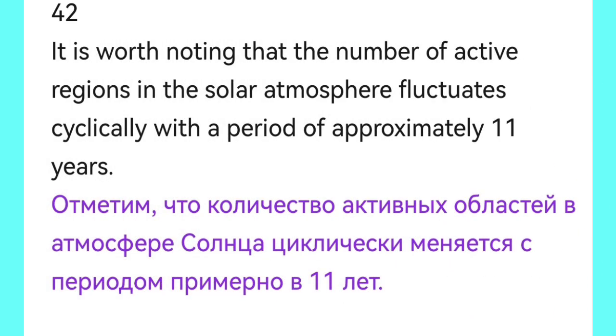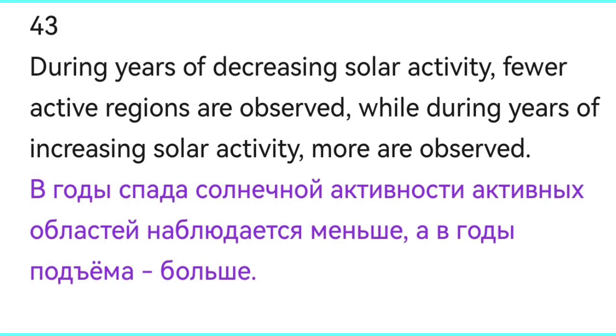It is worth noting that the number of active regions in the solar atmosphere fluctuates cyclically with a period of approximately 11 years. During years of decreasing solar activity, fewer active regions are observed, while during years of increasing solar activity, more are observed.